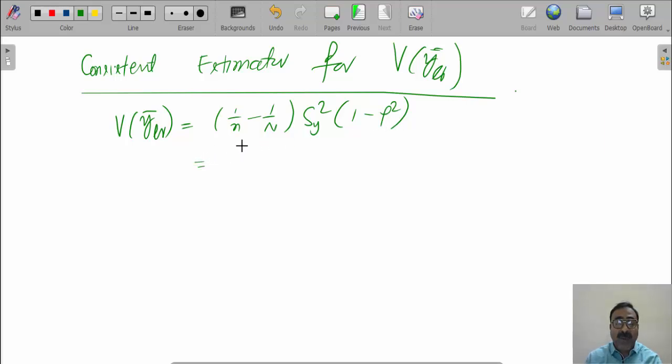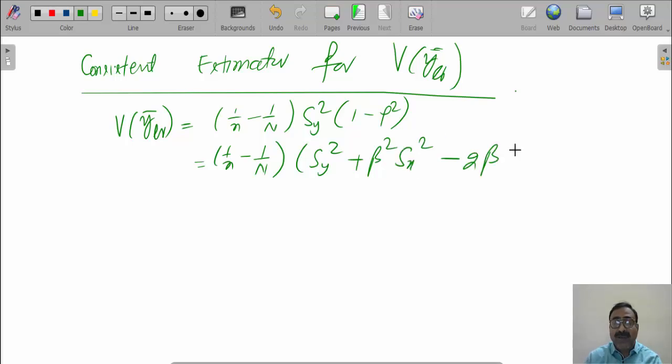That is equal to (1 by n minus 1 by capital N) times (Sy square plus beta square Sx square minus 2 beta Syx). This we have already derived, where beta is the population regression coefficient of y on x.